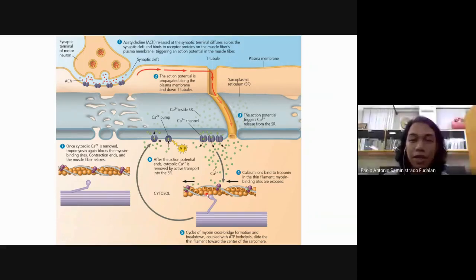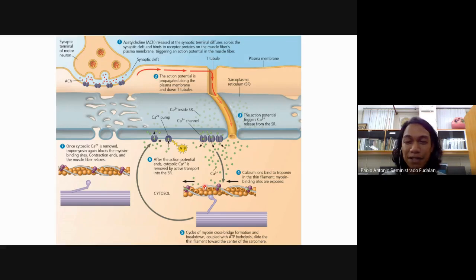All right, so that's correct. The signal from the neuron will first pass through the transverse tubules, the T tubules, and will stimulate the release of calcium ions from the sarcoplasmic reticulum, which is not really different from the ER, but specializes in the storage of calcium. The calcium binds to the troponin, which is in turn attached to tropomyosin.